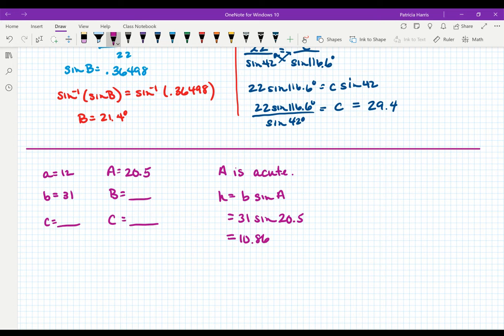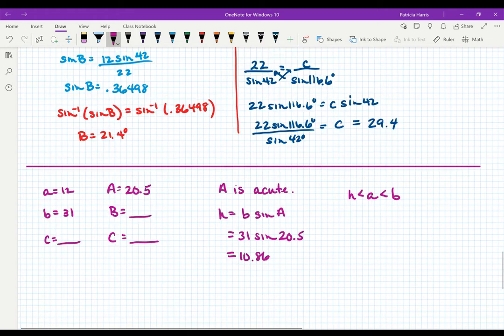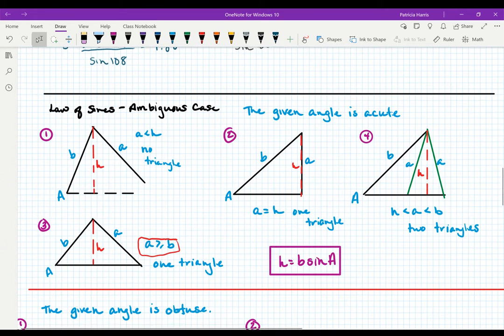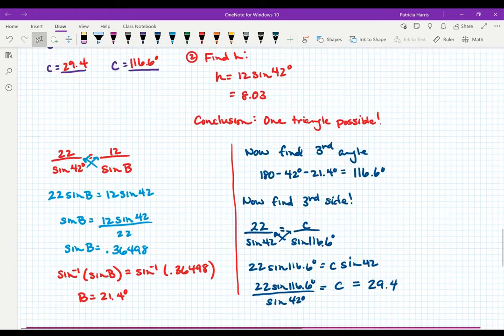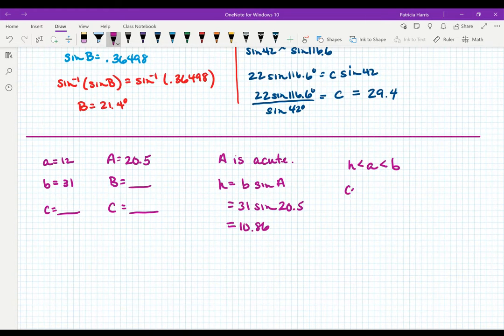Okay, now, it looks like H is smaller than A, and it's also smaller than B. So if I refer back to my chart, which is up here, it looks like I have my two triangle situation. Okay, here we go.